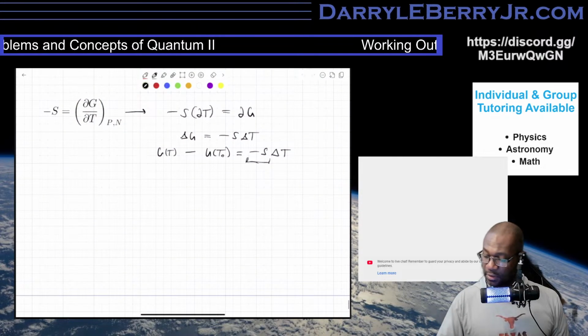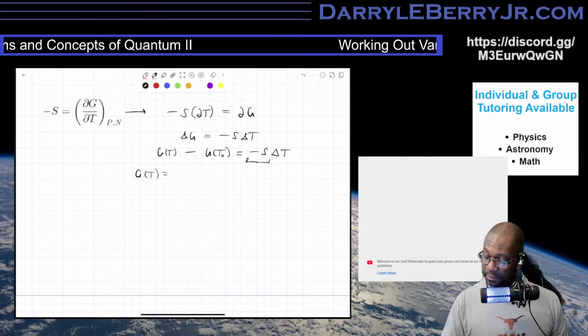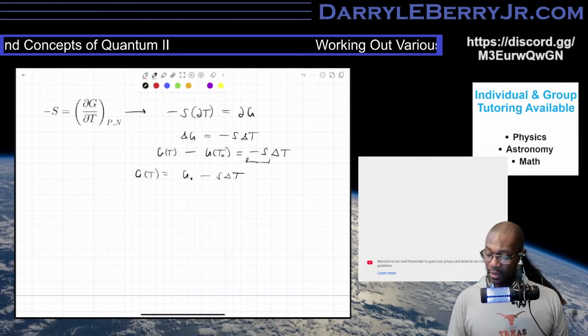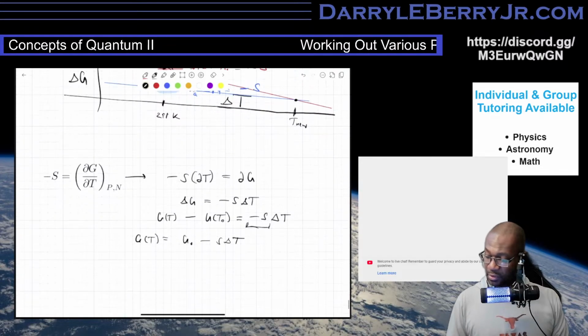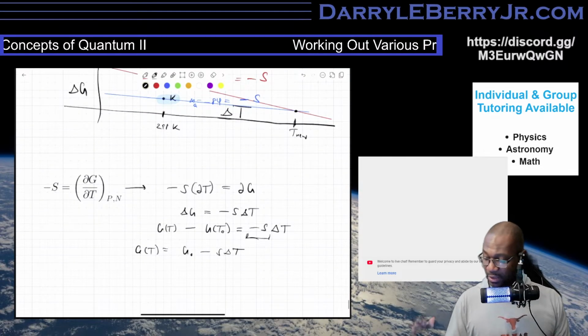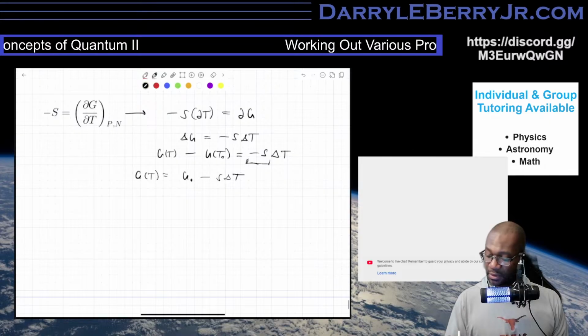All right. So to adjust this a bit, at the crossing point, the temperature is going to be there and the G is going to be the same.